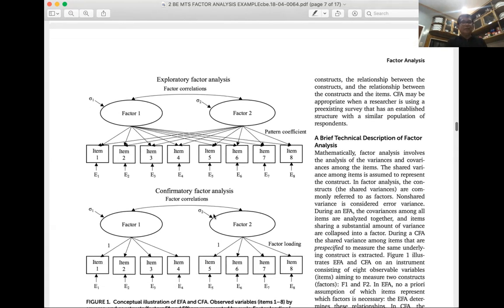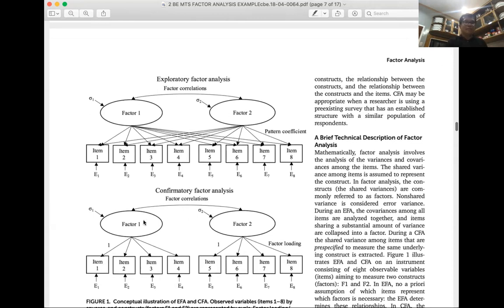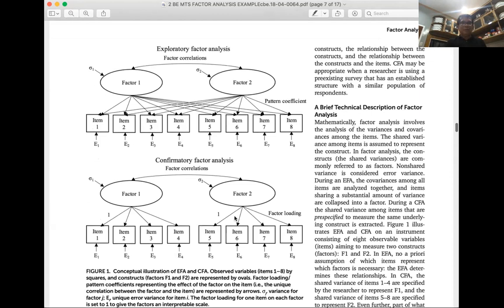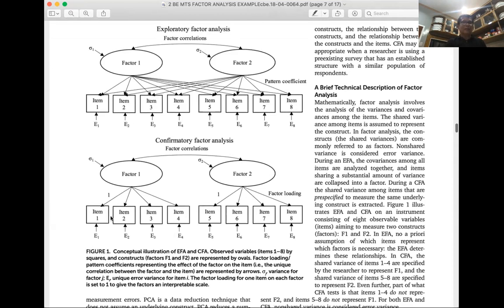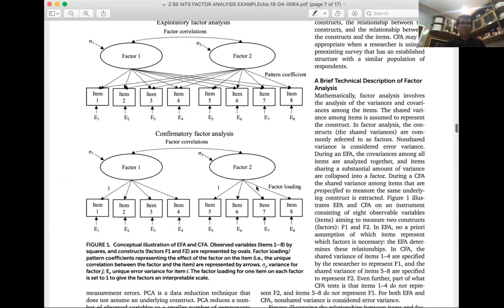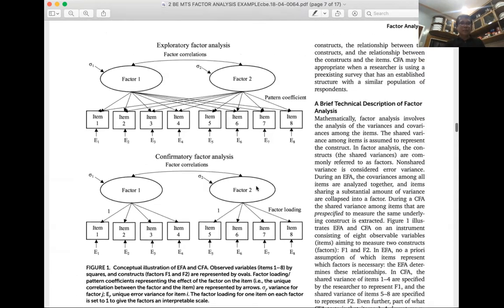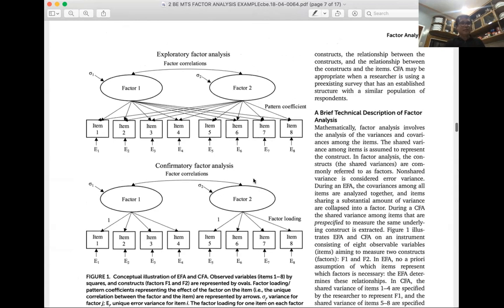In terms of confirmatory factor analysis, you would notice now we have factor 1 and factor 2, and the components of factor 1 are actually different from the components of factor 2. So item 1, item 2, item 3, item 4 belong to factor 1. Item 5, item 6, item 7, item 8 belong to factor 2. So there is what we call independence between factor 1 and factor 2. In the exploratory factor analysis, in factor 1 and factor 2, you will notice that there are items in common between factor 1 and factor 2.